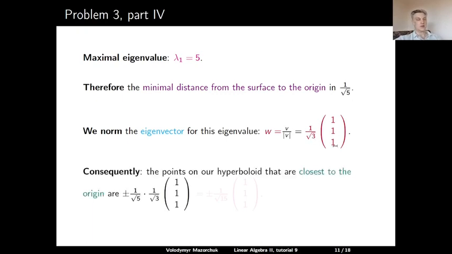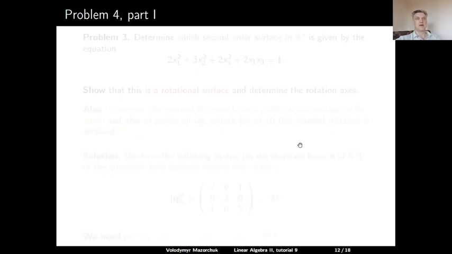And then the points on our hyperboloid that are closest to the origin are plus minus the distance, 1 divided by the square root of 5, times the normed eigenvector, which is 1 divided by the square root of 3, times 1, 1, 1. So we get the points plus minus 1 divided by the square root of 15, times 1, 1, 1. This completes problem 3.